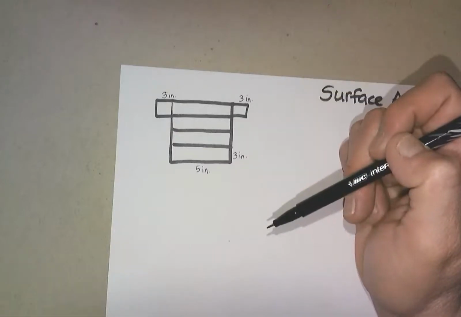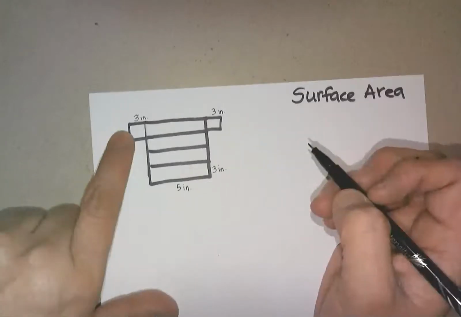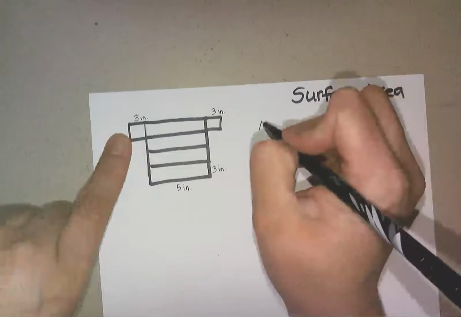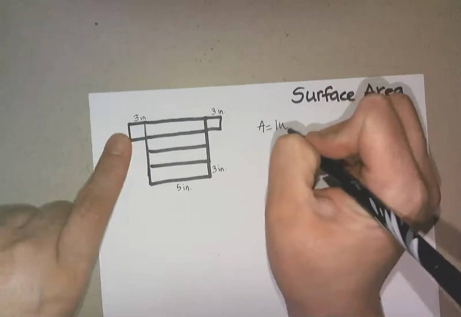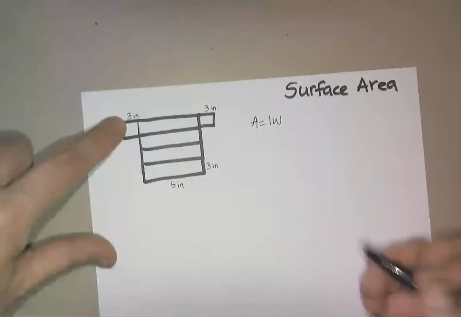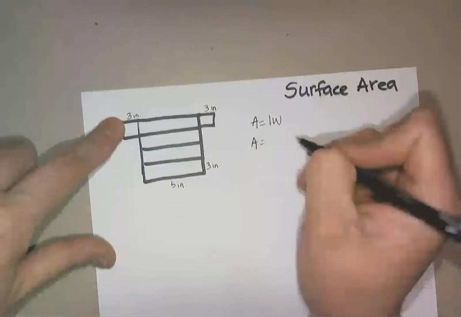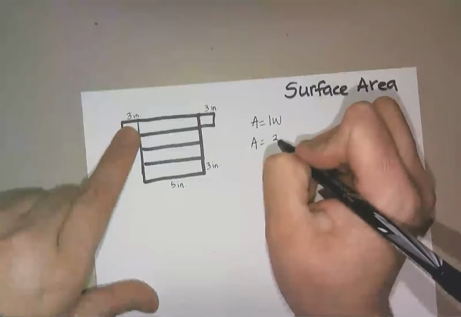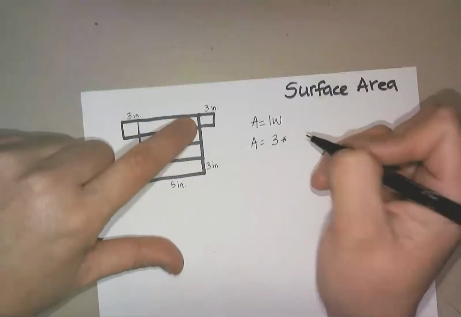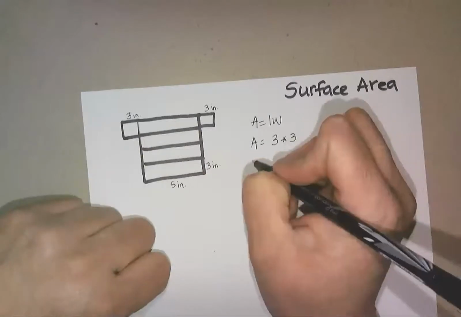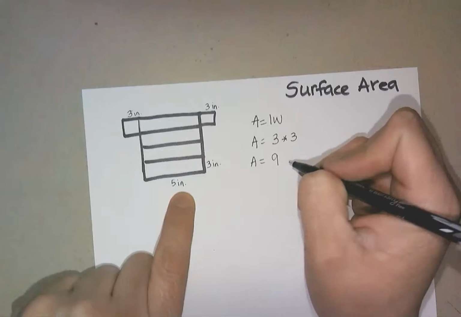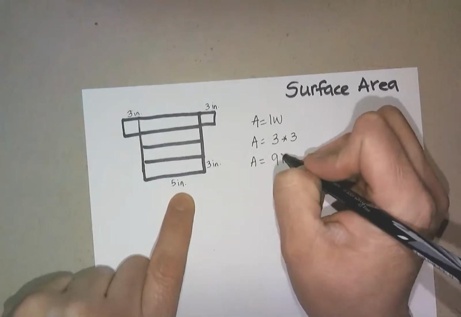So I'm going to take care of my squares first. I already know that my formula is area equals length times width. So my length is 3, and my width is 3. So my area equals 9. Don't forget your measurement: 9 inches squared.